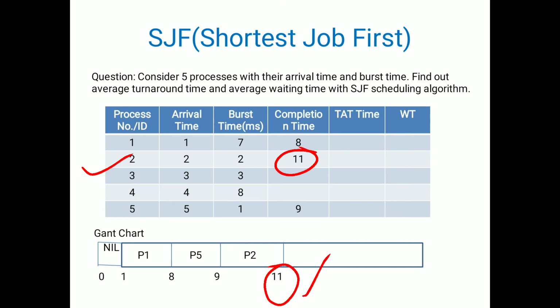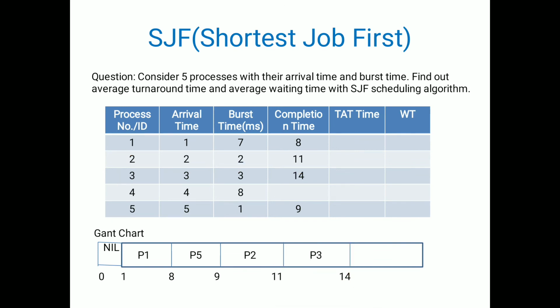Now we are left with processes P3 and P4, and we have to check which process has the shortest burst time. Between P3 and P4, the minimum burst time is for process P3. So after P2, process P3 is executed for the next 3 milliseconds, that is 11 plus 3 is equal to 14.